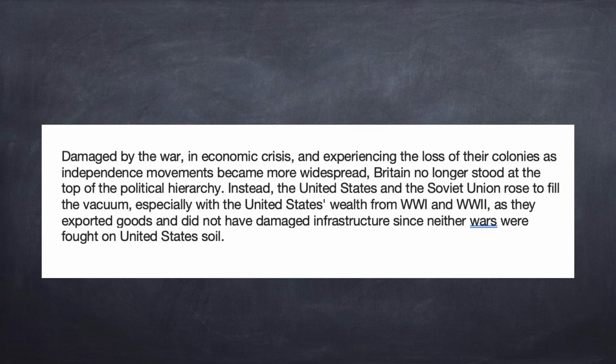Instead, the United States and the Soviet Union rose to fill the vacuum, especially with the United States' wealth from World War I and World War II, as they exported goods and did not have damaged infrastructure since neither wars were fought on U.S. soil. Look how many connections there are here with the war in a cause and effect way. The economic crisis that came because of the damage of the war, and the United States gained wealth from World War II. All these things make this a fantastic answer.